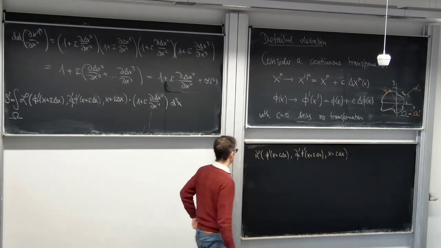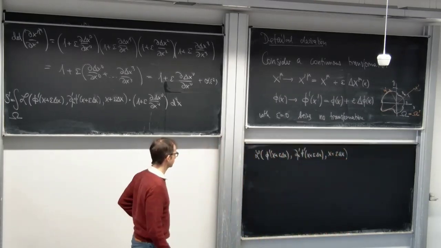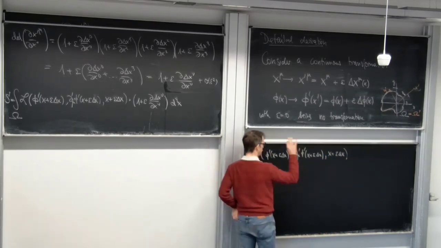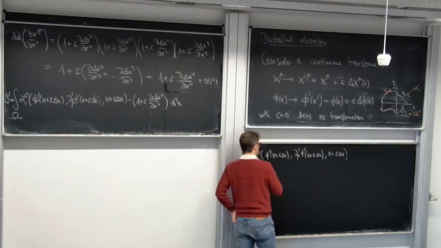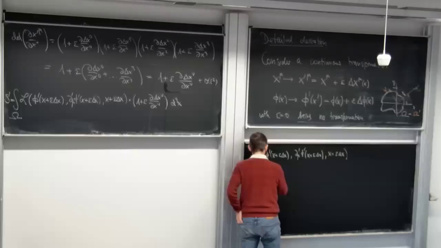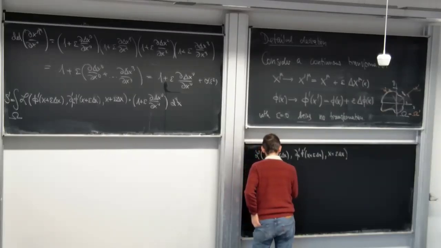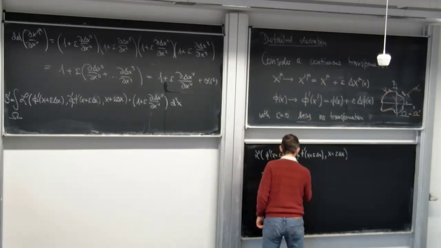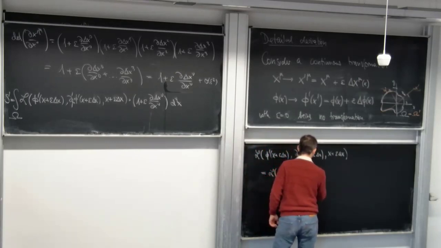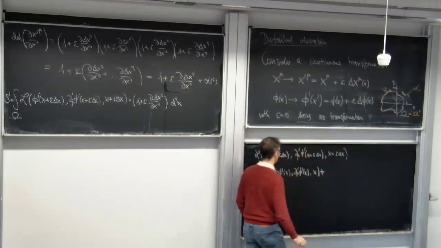Now, this whole thing, I want to expand it in epsilon. So the first order is obviously just epsilon set to 0.